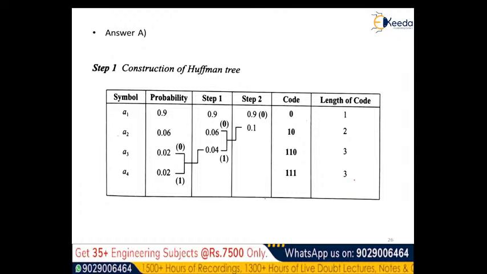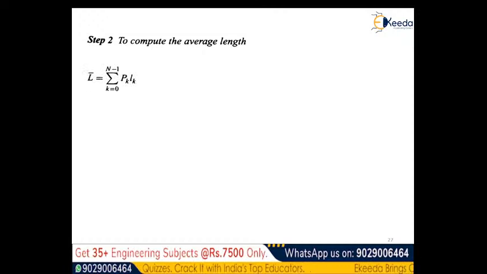Now after the construction of the Huffman tree, we have to compute the average length. The average length we denote by capital L bar. Capital L bar is equal to the summation from k equal to 0 to capital N minus 1 of p suffix k multiplied by l suffix k.